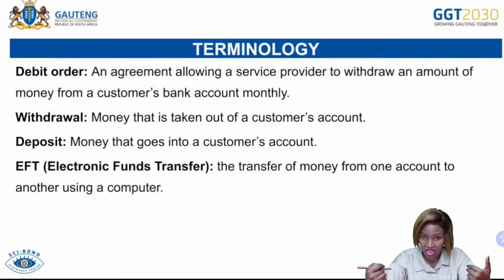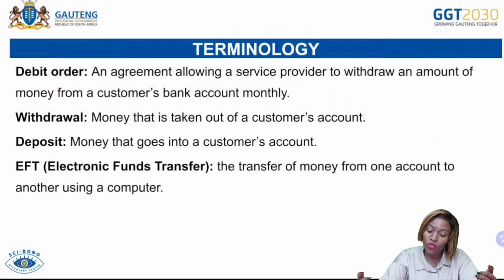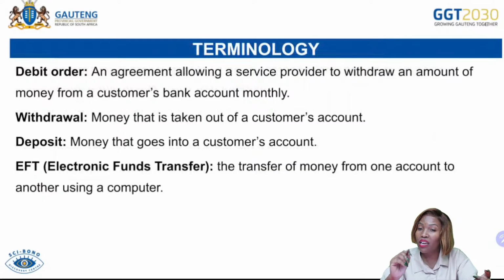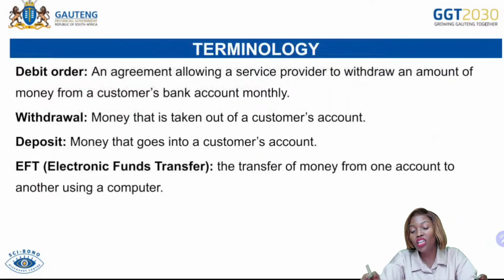It means I, as a person that is taking the debt, I must make arrangements with my bank that on the 31st of every month, this shop will be deducting 300 rands from my account because I'm paying it towards a cell phone. So that process of the shop deducting 300 rands, we call it a debit order. That is what we mean by a debit order. A debit order takes place in your bank account.